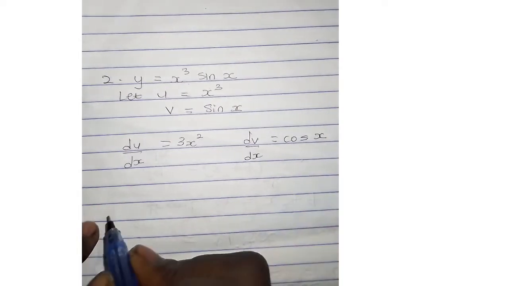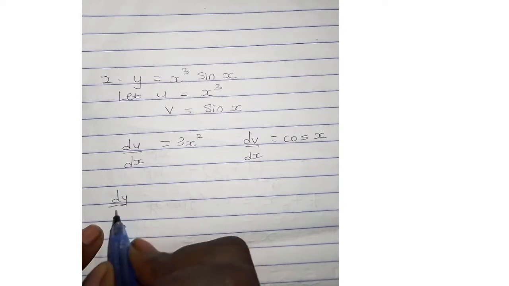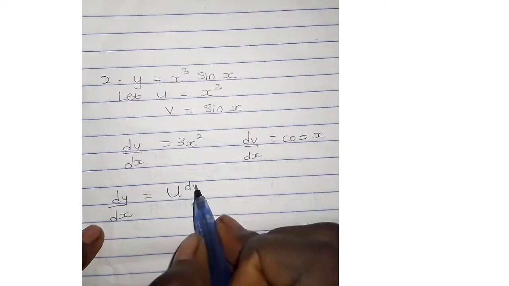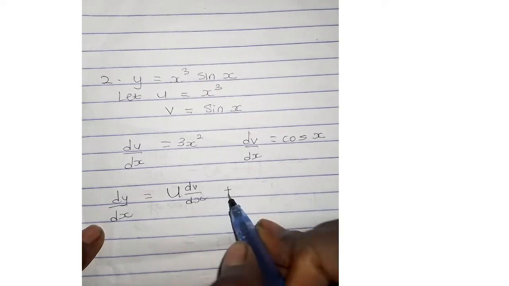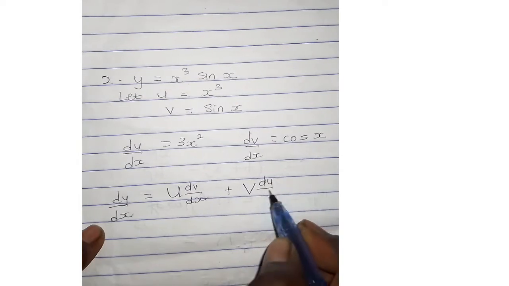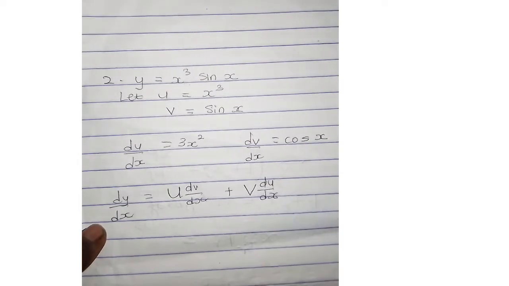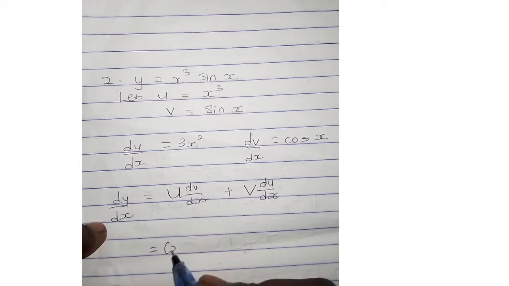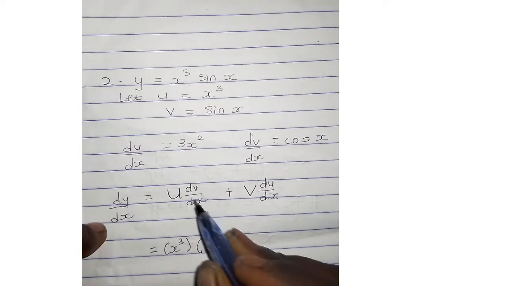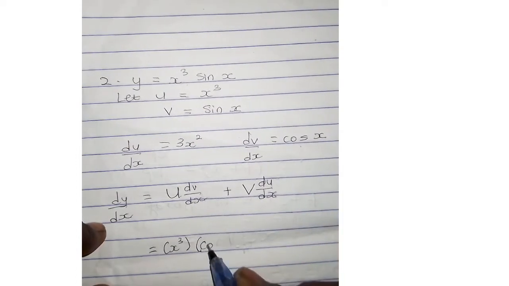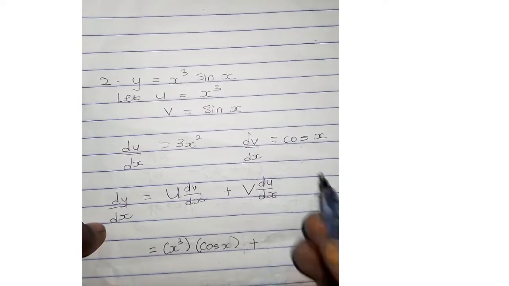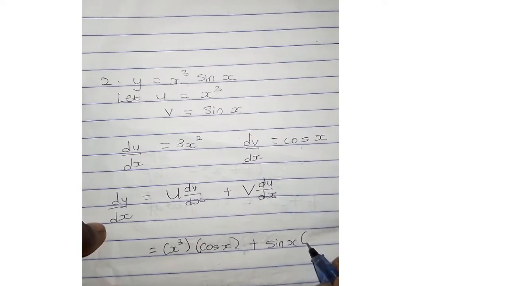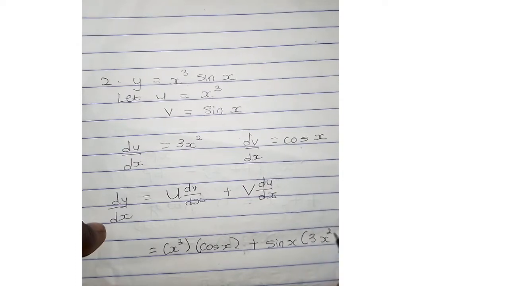So using the formula for the product rule, dy/dx is equal to u dv/dx plus v du/dx. Now we're going to have, I used x cubed, so we're going to put x cubed into our u, our dv/dx is given as cos x, plus our v is sine x, and our du/dx is given as 3x squared.